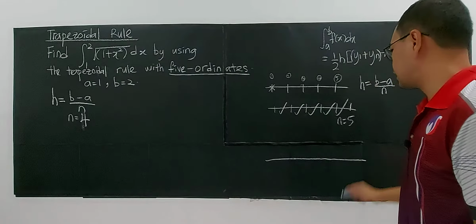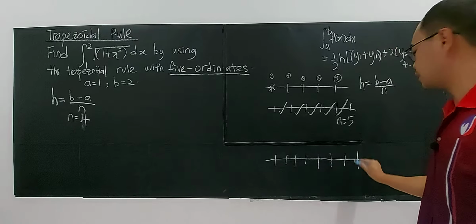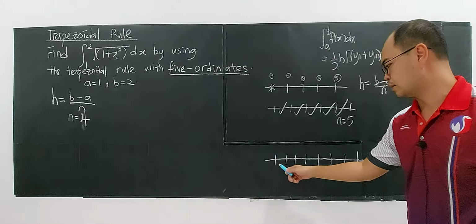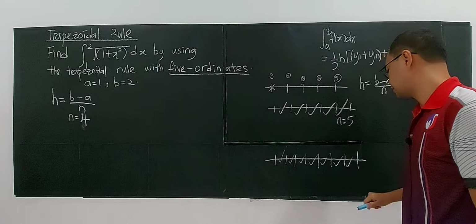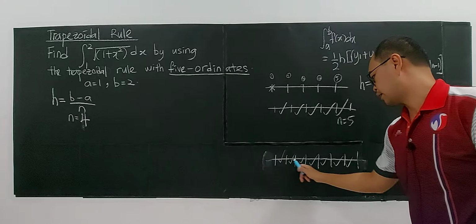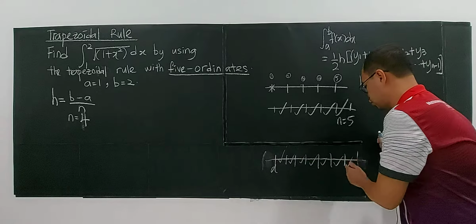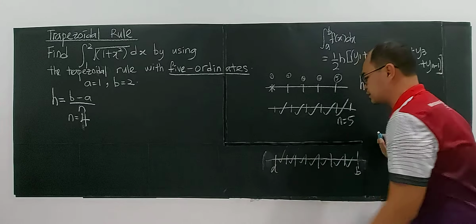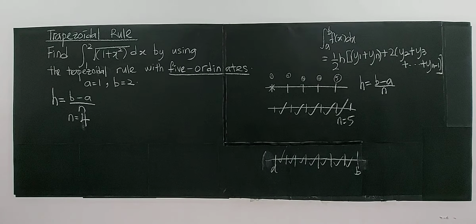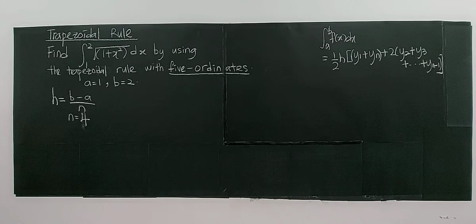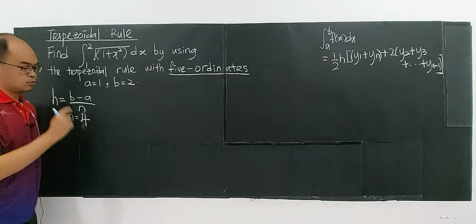If you have 8 ordinates, 1 to 8, you will have 7 intervals. It means that from a to b we divide into 7 equal subintervals with 8 ordinates. So this is the meaning of ordinates here. Now we understand what 5 ordinates means, so we have n equals 4.